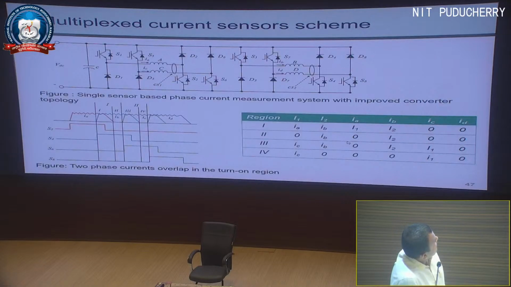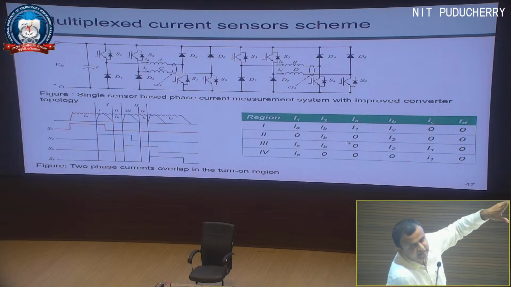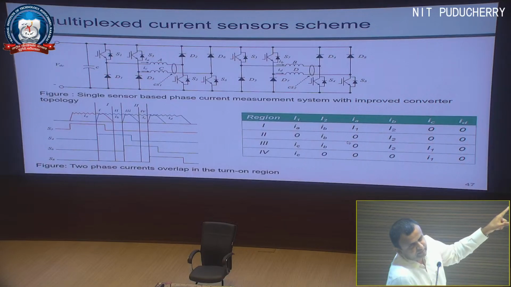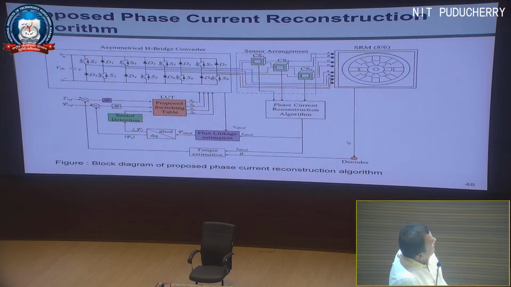There is one more available, the fourth one, which is the multiplex current sensor scheme, where the current sensor is connected for A and C, and in that way we can save two current sensors. Basically, as I said in the beginning of this phase reconstruction, we are trying to reduce the current sensors, and this is the way.